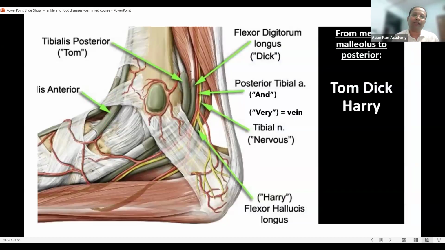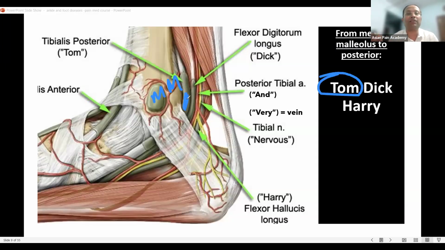Here you can see three tendons on the medial side. They are the deep posterior compartment tendons. Just remember Tom, Dick, Harry, starting from the medial malleolus. This is a mnemonic. Tom means tibialis posterior.